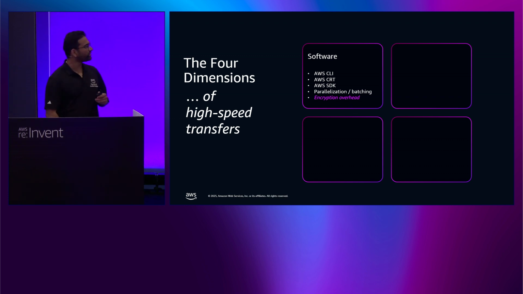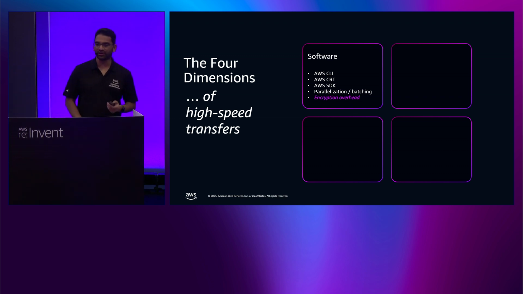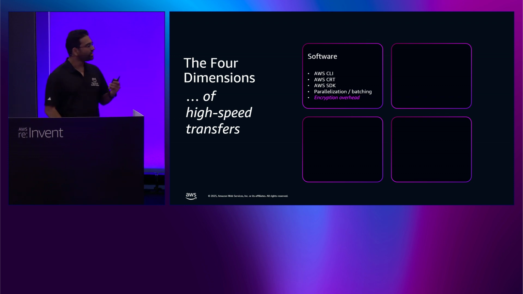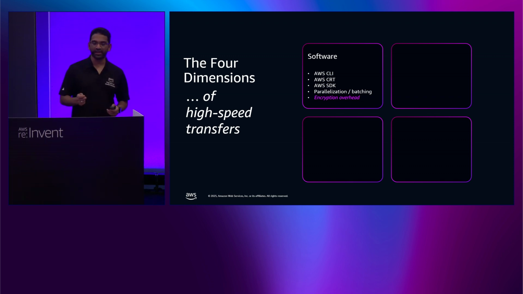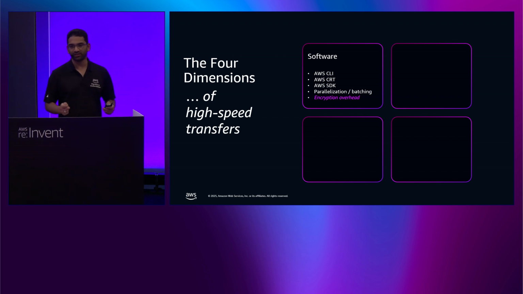And customers with even more demanding transfer needs should explore implementing S3 transfer agents using software development kits, which are available in multiple languages, and they should also look at implementing parallelization and batching to improve their overall transfer efficiency.